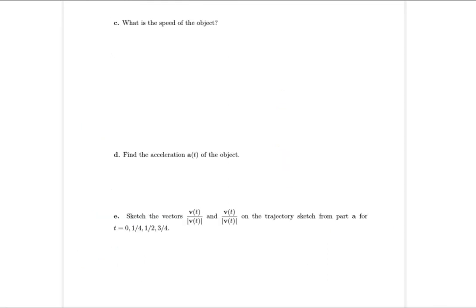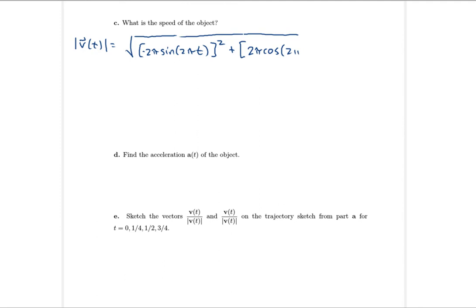All right, now it asks us what the speed of the object is. So we know that that's just the magnitude of this velocity vector that we just found. So that's going to be the square root of negative 2 pi sine 2 pi t squared plus 2 pi cosine 2 pi t squared.